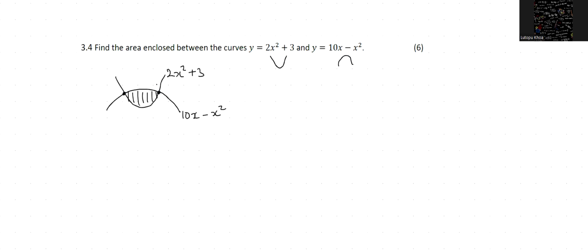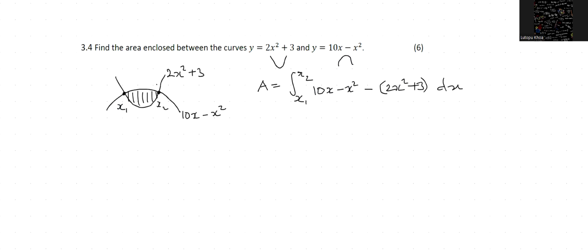So this is 10x minus x squared, and this is 2x squared plus 3. So our area is going to be the integral from this point here, I'll call it x1, and this one I call x2, from x1 to x2. And then we say the parabola that's on top, so it's 10x minus x squared, minus the one that is below, 2x squared plus 3, dx. So this is what we will have to integrate.